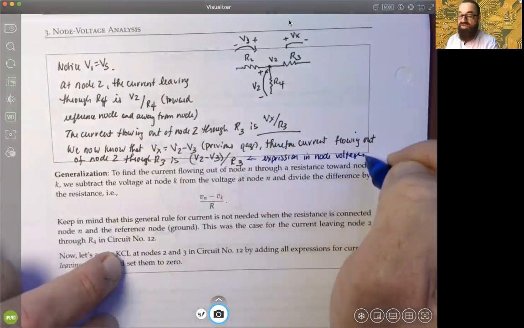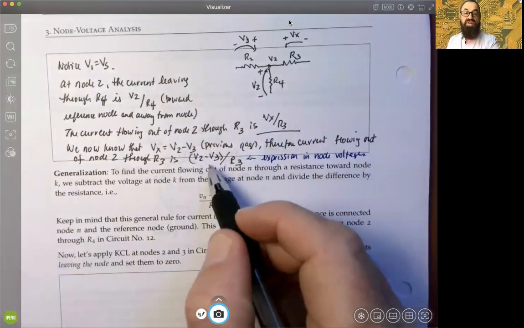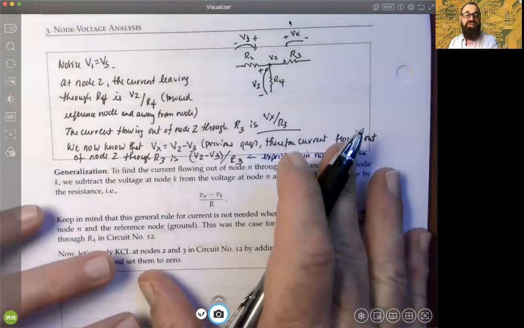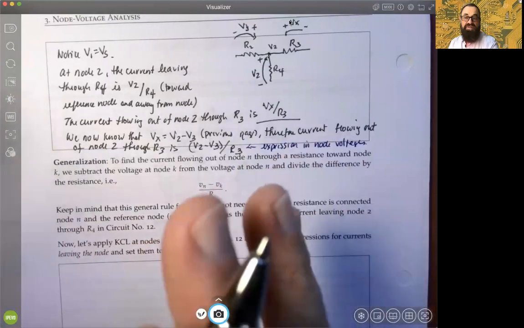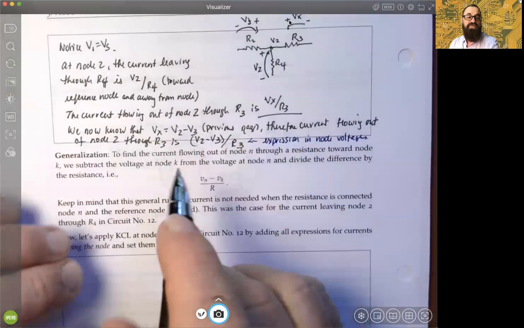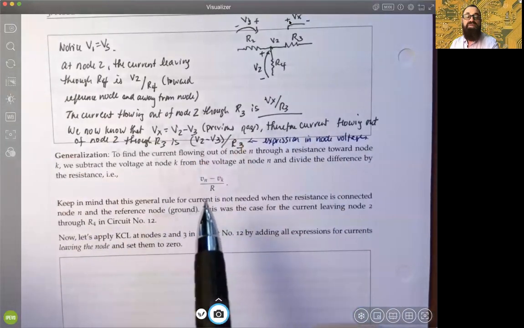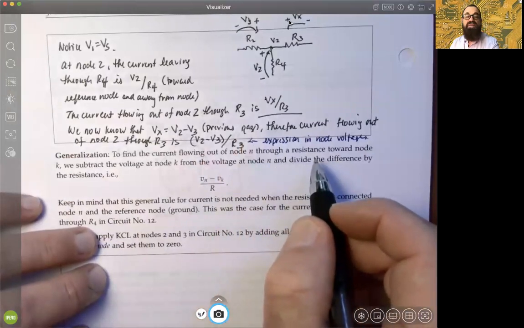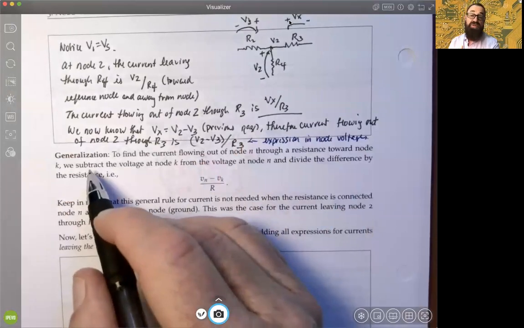So again, we are determining the voltage across the circuit element using these node voltages, right? That's the idea. And so the generalization which follows is indicated by this simple strategy. The idea is to find the current going out of a particular node in your circuit, through a resistance, toward some other node, K, which could be the ground.